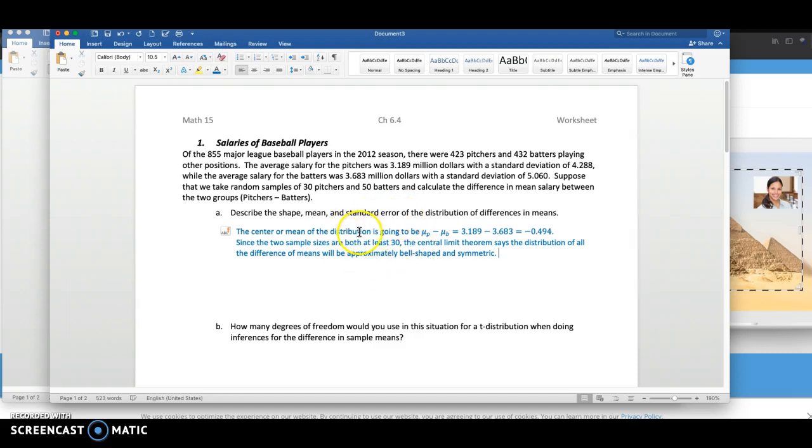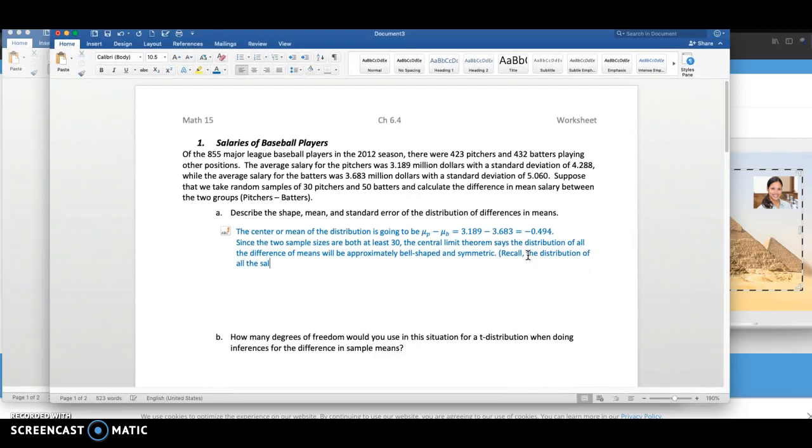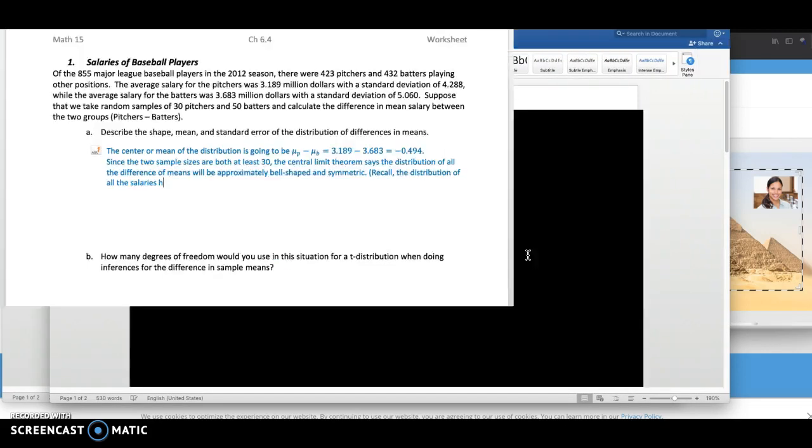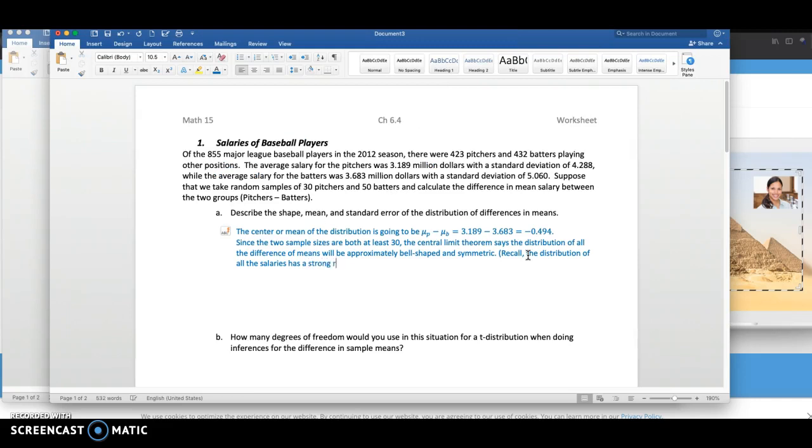And don't forget, we talked about this in class in the past. The actual distribution for the salaries is absolutely not symmetric and bell-shaped. Remember, it's a strong right skew. So recall the distribution of all the salaries is a strong right skew.